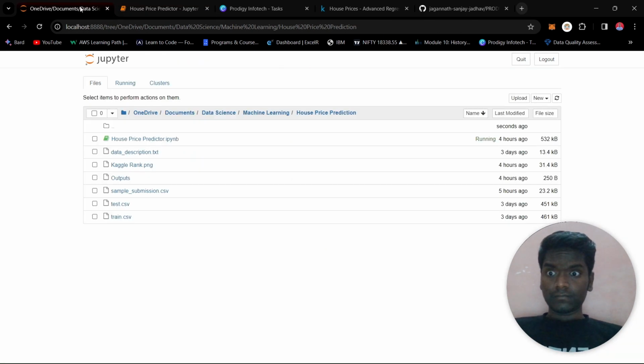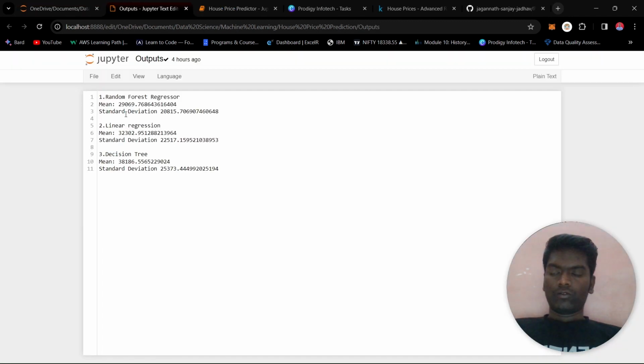When I compare all the outputs, in first place we get random forest regressor, because it has the least mean, 29,000 something. Linear regression gave me 32,000 something, and decision tree gave me 38,000. The higher the mean, the higher the error. The lower the mean, the lower the error.